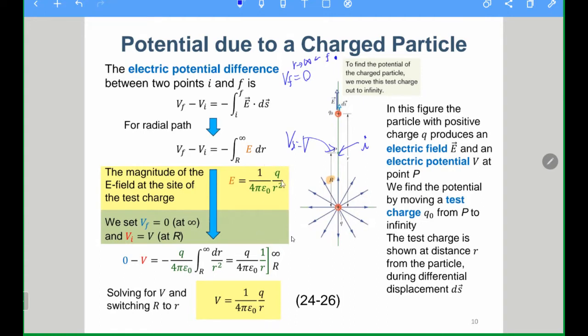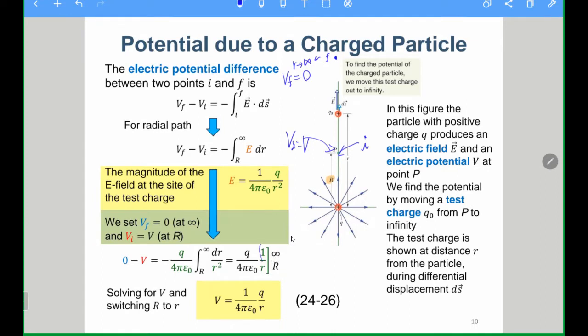So we plug this in here. We will get Q over 4 pi epsilon naught, which are constant, so we put them out, and then we have dr over R squared, integrating from capital R to infinity. This is R to the -2 power, and then we will have 1 over R, and the negative sign cancels with this one, so this becomes a positive value. Finally, we need to evaluate 1 over R from capital R to infinity.